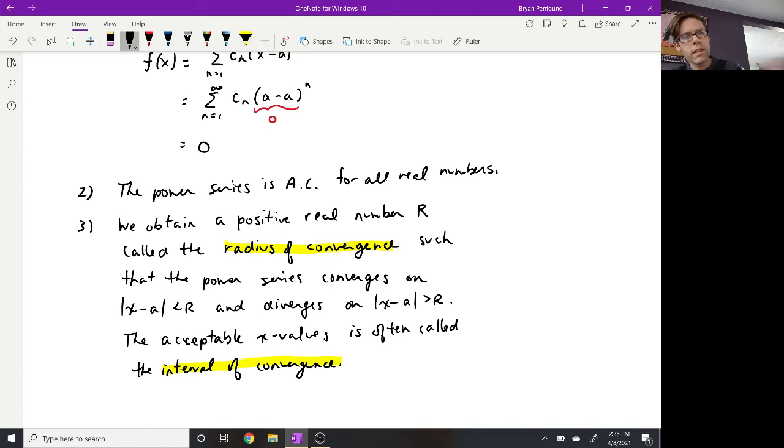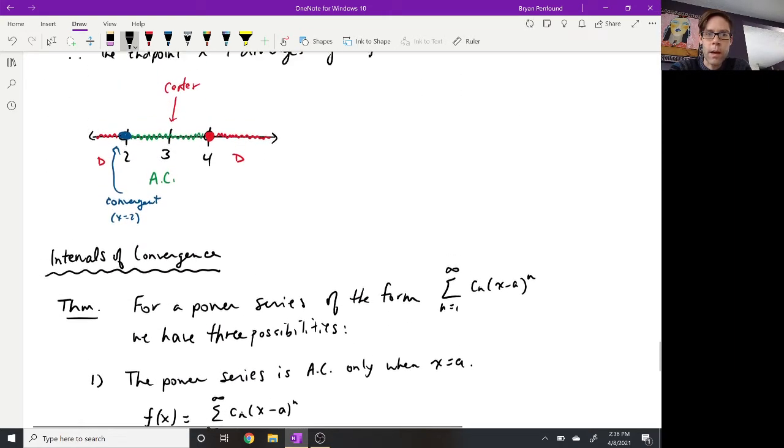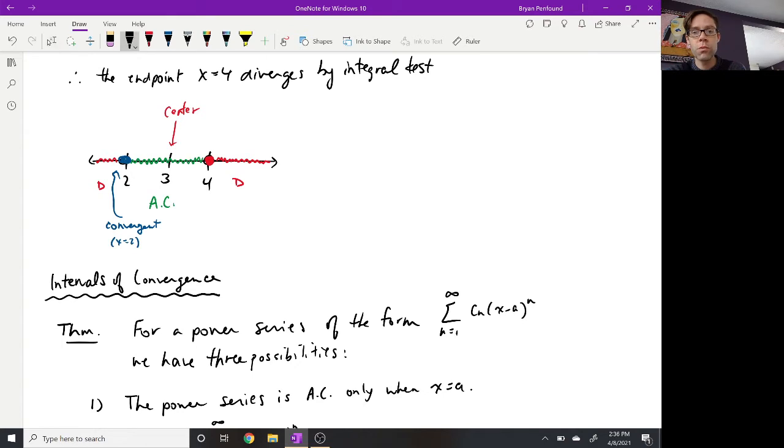Now, I believe in the textbook, the interval of convergence also does include the endpoints as well. So if we were to come back up to our last example, our interval of convergence would actually start at the number 2, and it would include the number 2 and be measured all the way up to the number 4. But we don't include the number 4 in the interval of convergence because the endpoint at 4 was actually divergent.